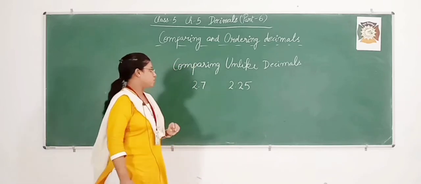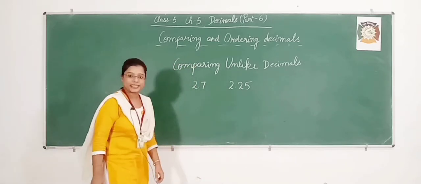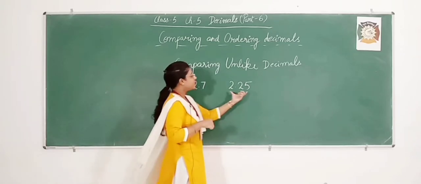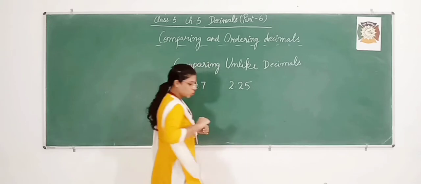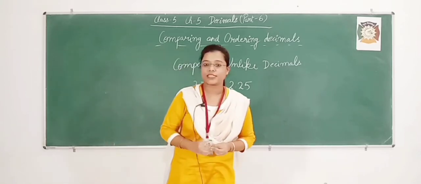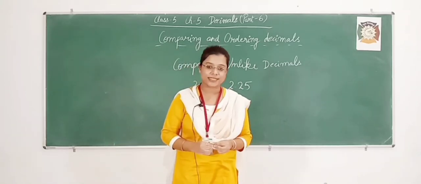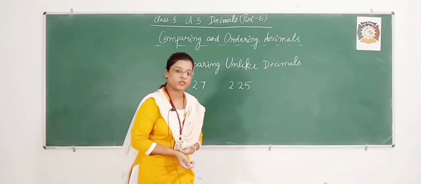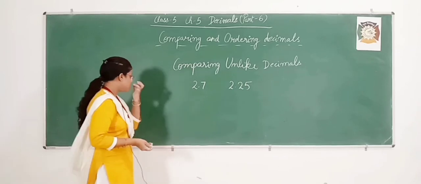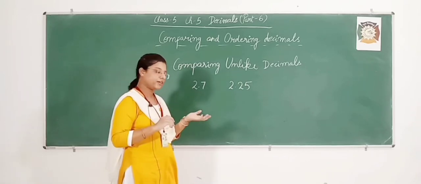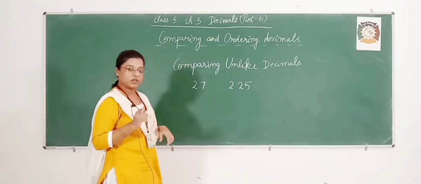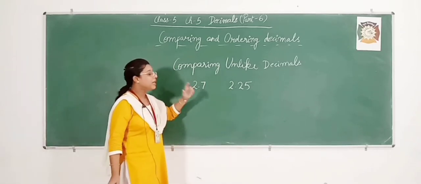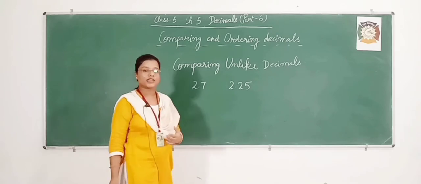Clearly, you observe that these are unlike decimals, because in this number the number of decimal places is 1, and in this number the number of decimal places is 2. So since the number of decimal places in both the numbers is not same, therefore they are unlike decimals. So how you are going to compare? The rule is same. You will start comparing from the left, right? Never from the right. But before that, make them like decimals.